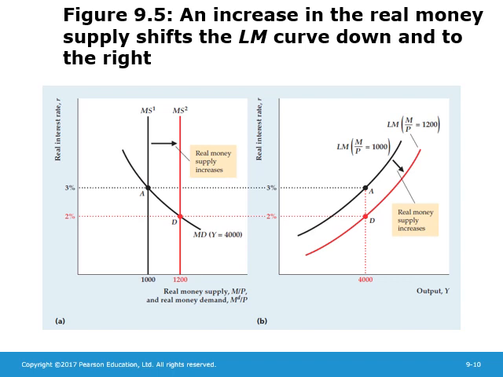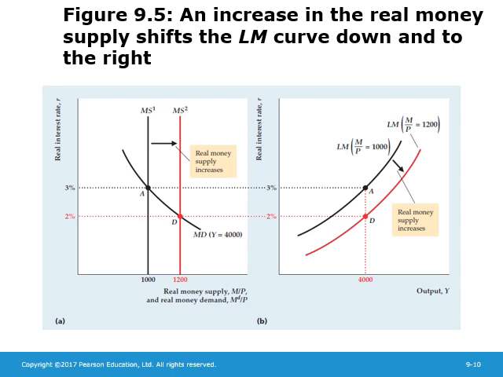It's increasing now, so we have a new equilibrium point D. To represent this on the LM curve, you will have the same output 4,000 and a lower real interest rate. So point D on the new LM curve, the red one, is now associated with a lower real interest rate, 2%.